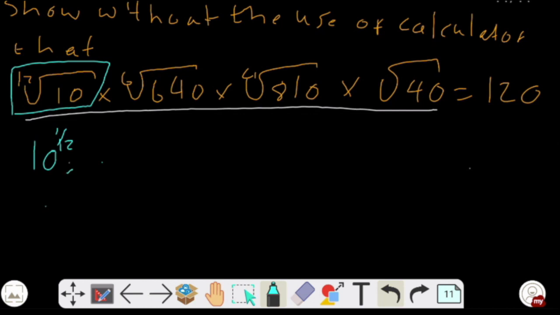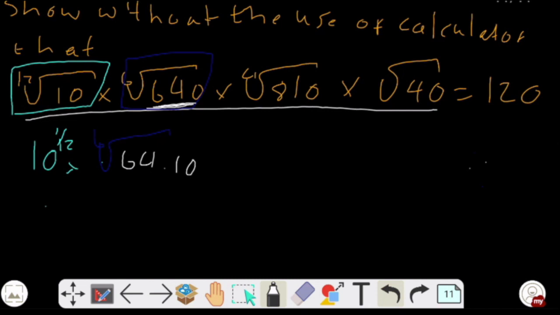And I'm going to write this part as the 6th root, and let's try to write this in simpler terms and say 64 times 10.